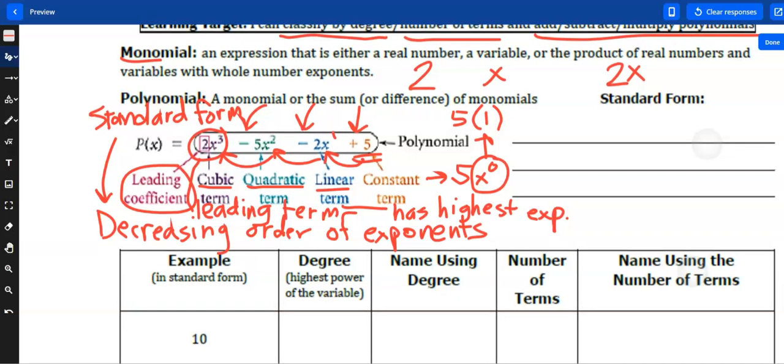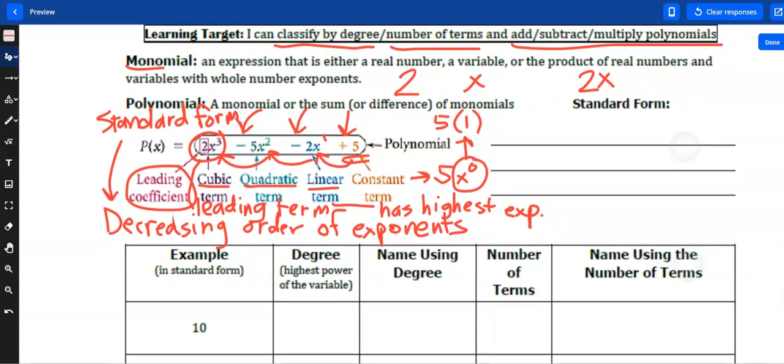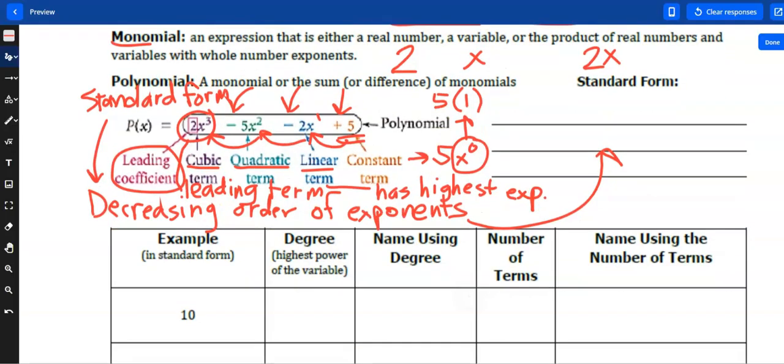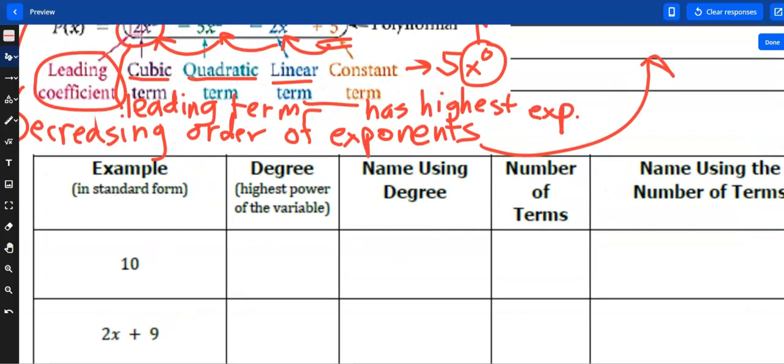So that's how we talk about it. I guess I should have written that over here. So, what is a degree? Degree is the highest power of the variable.